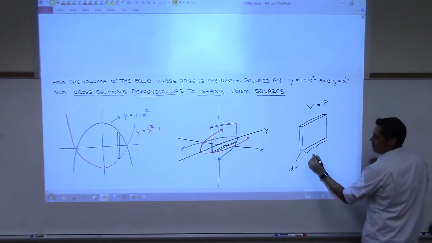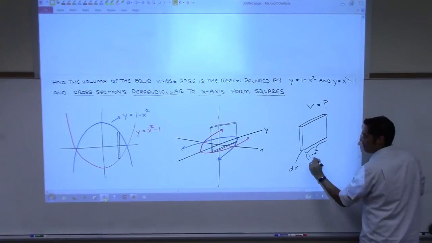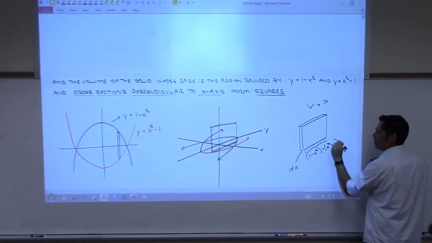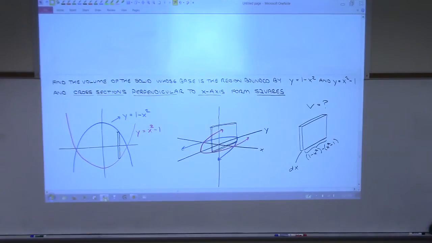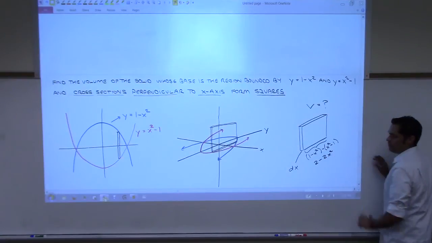Okay. All right, so top one minus bottom one. Tell me what that is. 1 minus x squared is the top one, right? Take away the bottom one, which is x squared minus 1. Now let's clean that up, because that's just algebra. What's 1 minus x squared minus 1? 2 minus 2x squared.